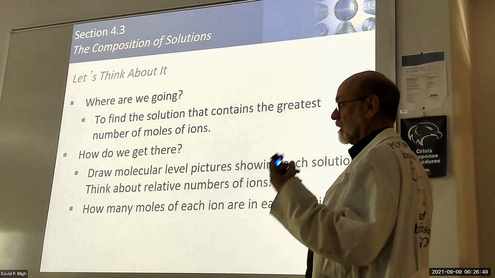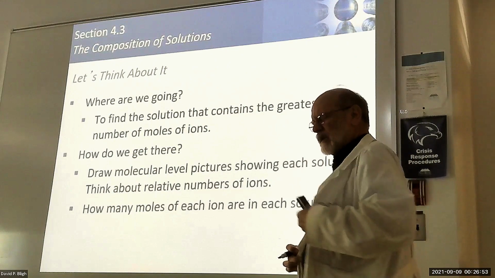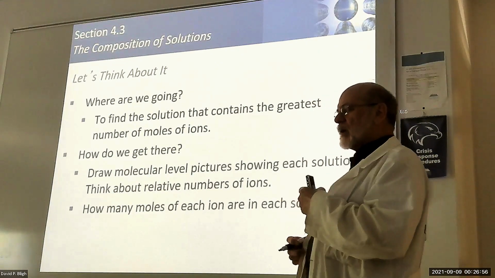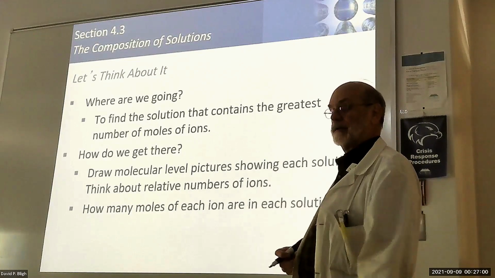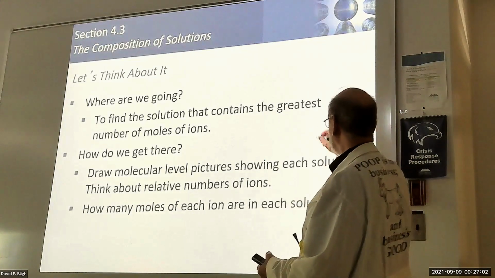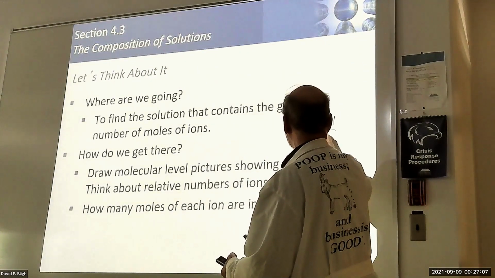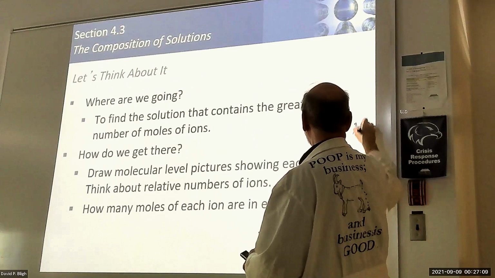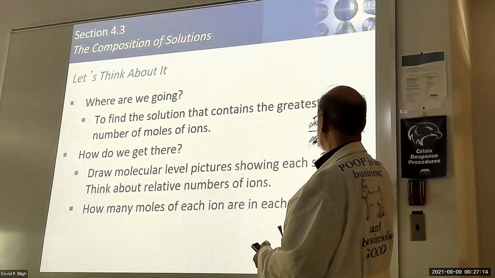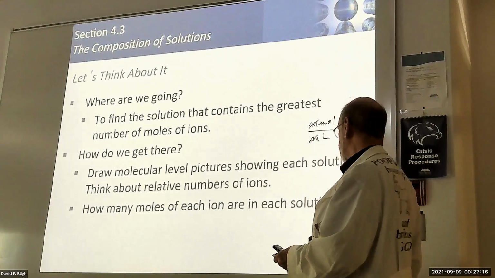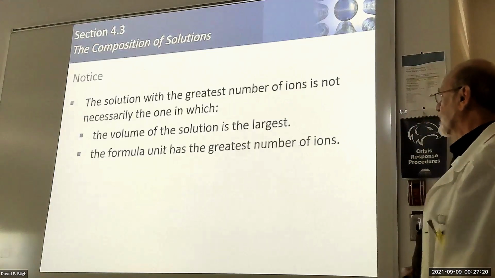Which means, well, if you work that equation in reverse, if you know you have a certain number of millimoles and you divide it by milliliters, you have molarity. Millimoles divided by milliliters equals molarity. Right? Milli cancels milli. Moles divided by liters. Okay. We're going to skip that.